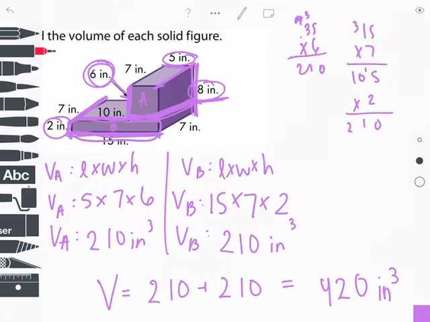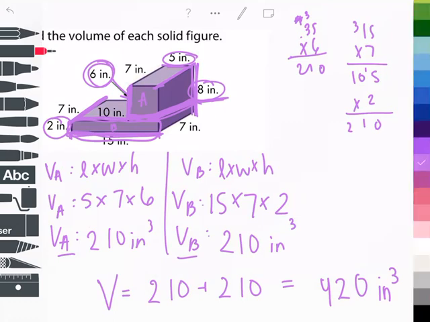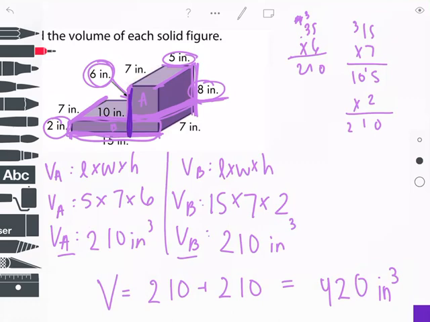Okay, and you might get different values for volume A and volume B if you cut it going down, but your final answer should be 420 inches cubed. And yeah, I just checked my book and that's the answer.